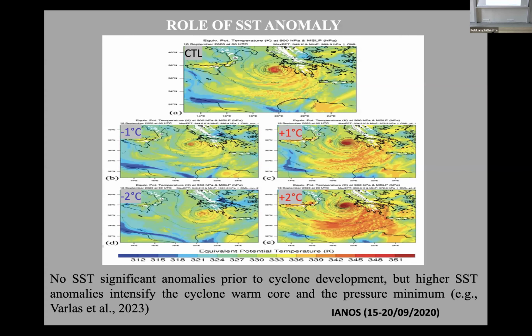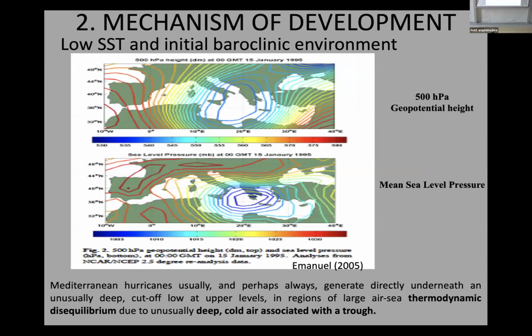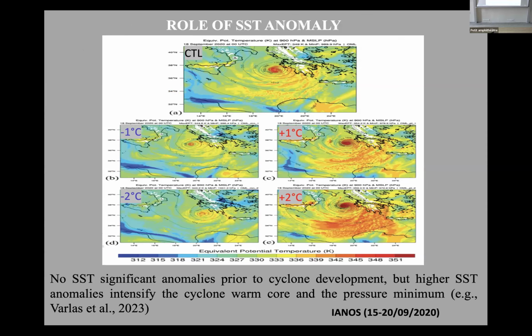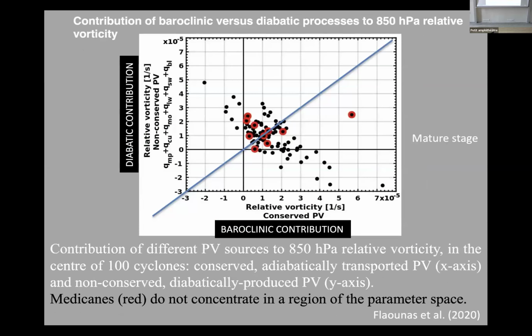On the other side, as I said in the previous slide, there is a baroclinic component for sure at the beginning of this cyclone, but at the same time, in the Manos figure that was discussed already yesterday, you see that even in the mature stage, now the red points, which represent Medicanes, show a contribution from both sources.